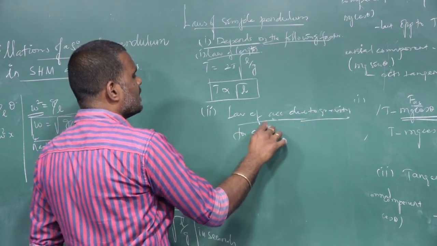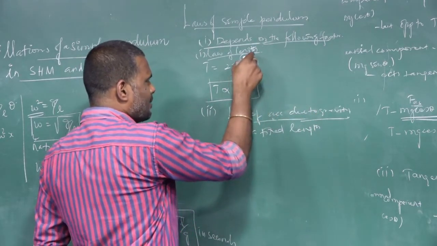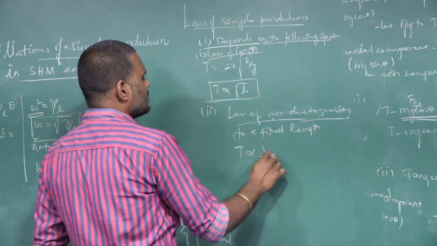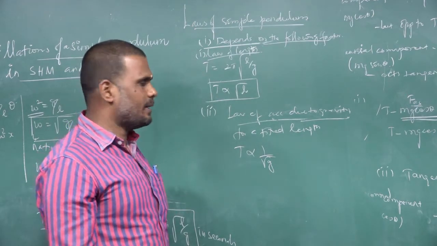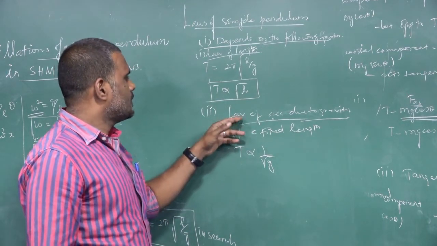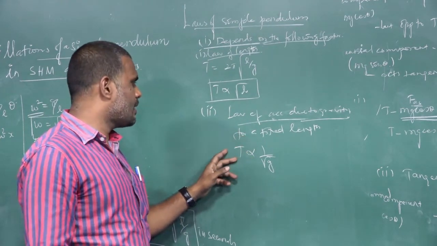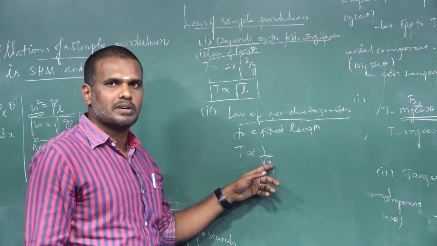Here, for a fixed length of the pendulum, which means I am keeping the length L constant, the time period of oscillation is inversely proportional to the square root of the value of acceleration due to gravity. So, the law of acceleration due to gravity is nothing but this: for a fixed length, the time period is inversely proportional to the square root of acceleration due to gravity.